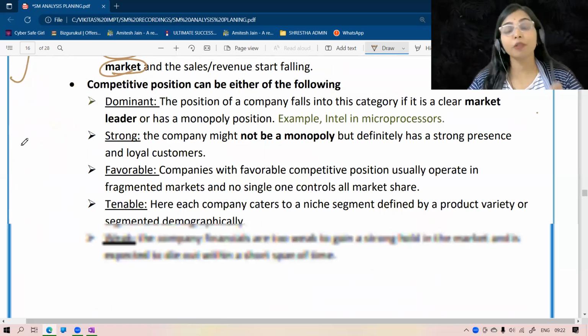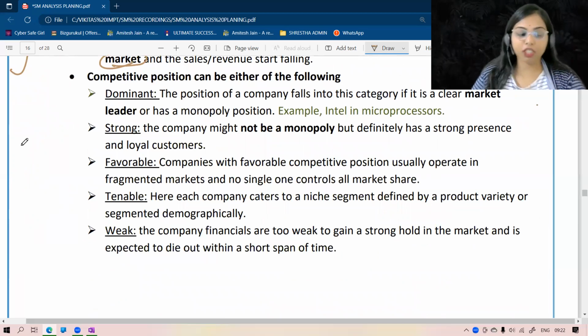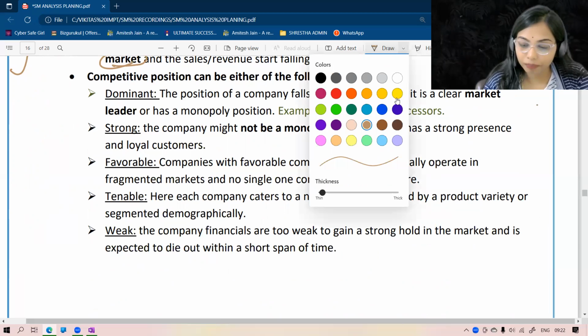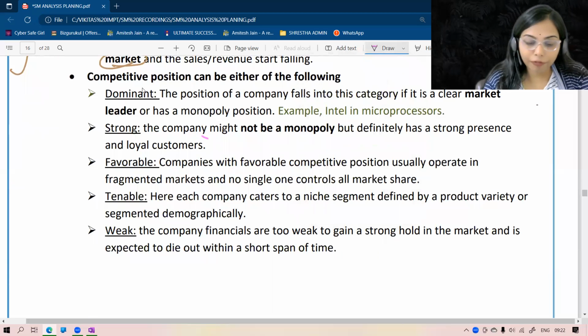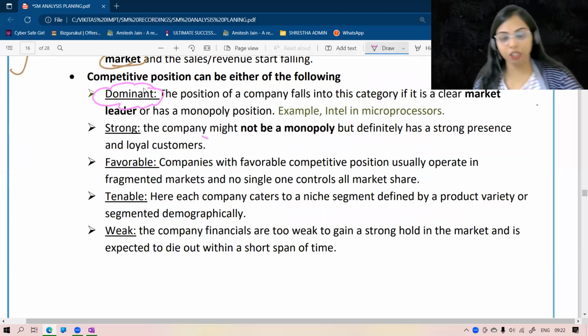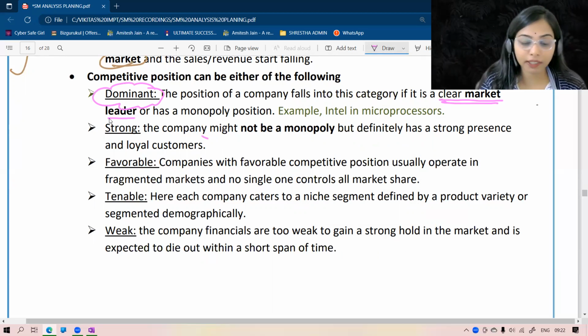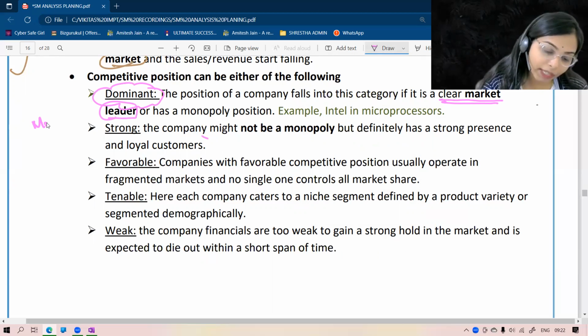Now, competitive position. The first is the dominant position. If the position of the company falls into this criteria, when it is a clear market leader, write it there, market leader.